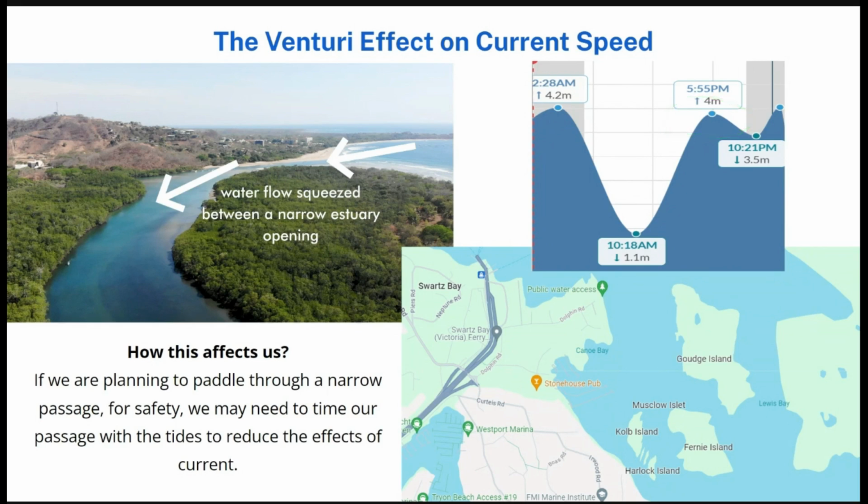What you will find is tidal changes slow on the troughs, and they slow on the crest. So if you are making these passages through these tight areas, you want to do it close to the high and close to the low to have as still a water as possible.